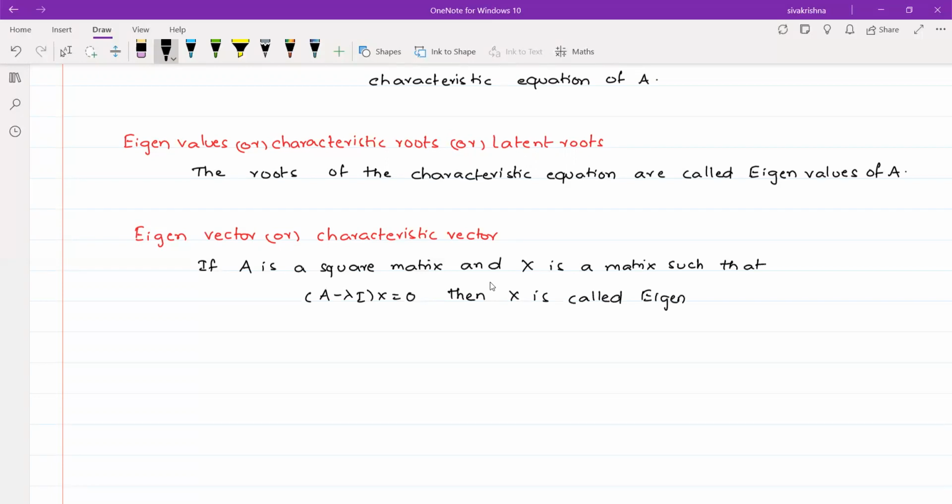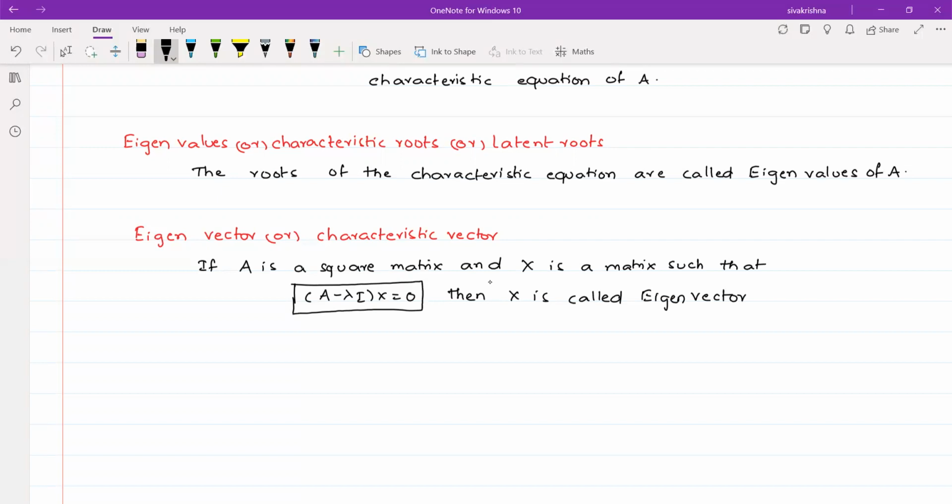With the help of the equation A minus lambda I into X is equal to 0, we have to find that capital X. That capital X is nothing but the eigenvector, and it should be a column matrix. While finding an eigenvector, first of all we require an eigenvalue.